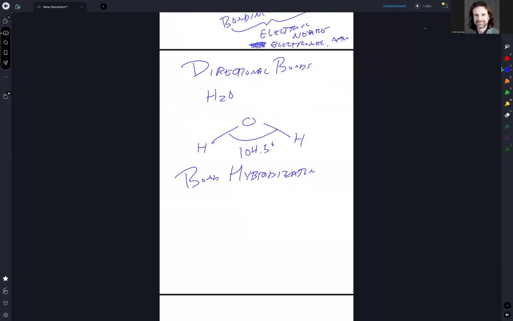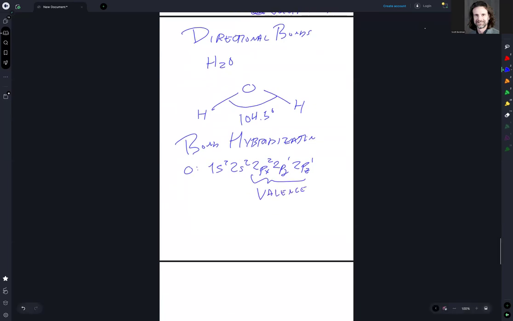Without going through a lot of the details here, I want to point out that the reason this bond hybridization happens is because the oxygen has 1s2, 2s2, 2px2, 2py1, 2pz1 valence electrons, and your hydrogen is 1s1.